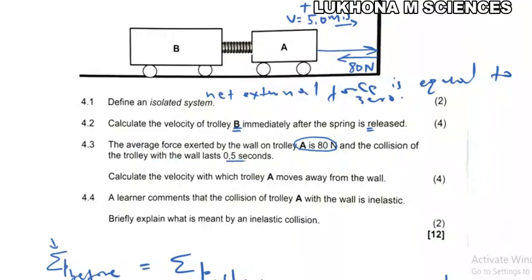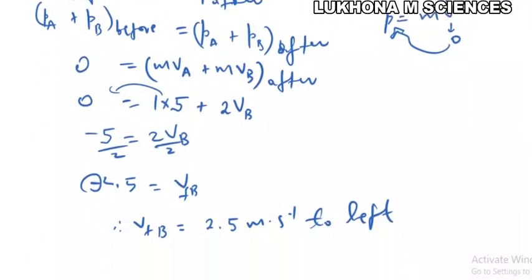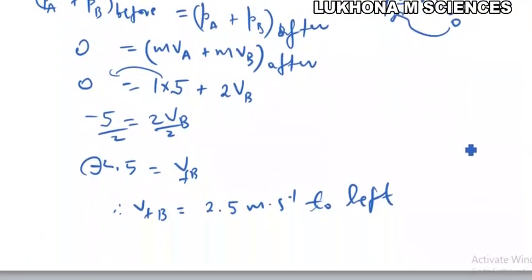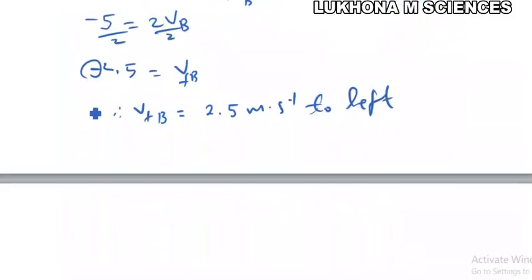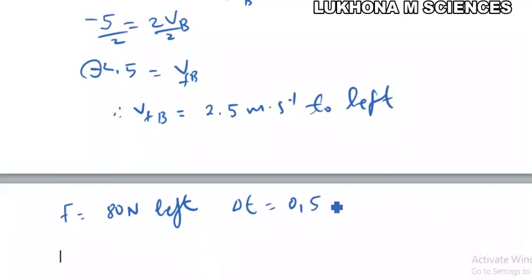So we have the force on A, which is equal to 80 newtons to the left. Then we are given the time of collision, which is 0.5 seconds.